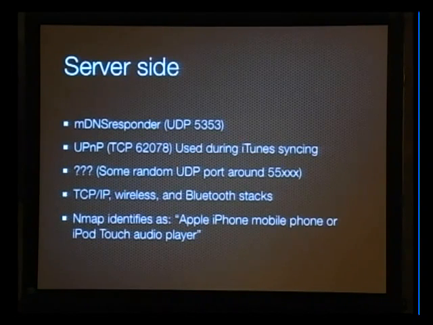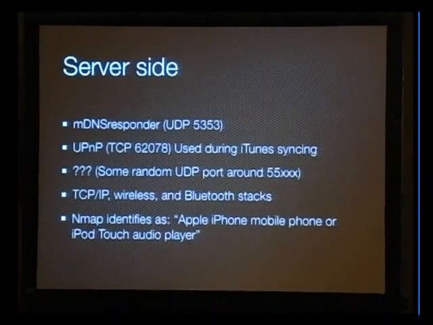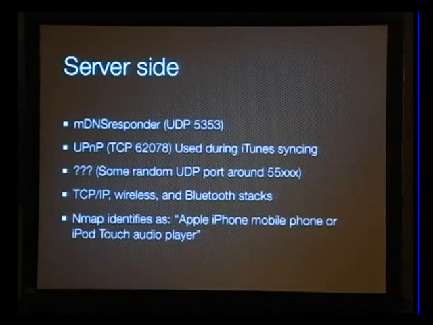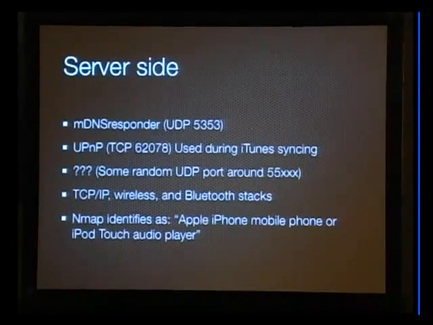So it's just listening, and if it gets one of these packets, it knows I see a printer or whatever. It also has something the desktop doesn't have. It has Universal Plug and Play listening, and it's listening all the time, but this port's used when you're doing syncing.